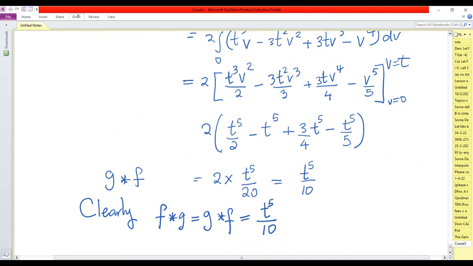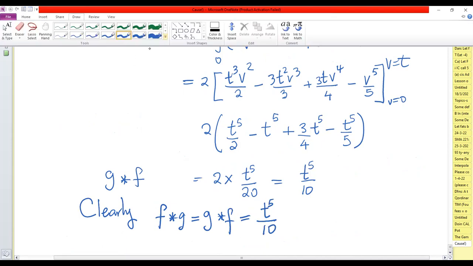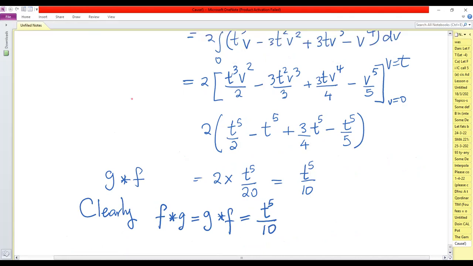So we have successfully shown that the convolution of the functions f and g, when f is 2t and g is t cubed, will give the same solution whether we start with f followed by g or g followed by f. So that's what you're supposed to do.